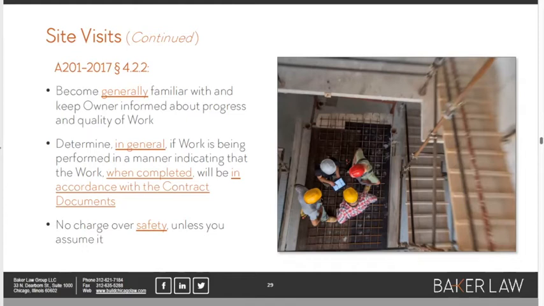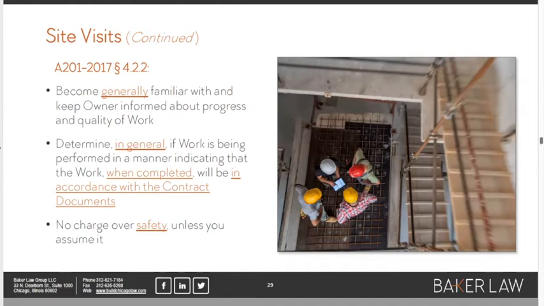The A201 at section 4.2.2 creates an appropriately loose standard for the architect. It says that the architect is going to come to the site to become generally familiar with the progress of the work. Not familiar, because that would imply that they have to know everything about the construction. They don't have to know everything.